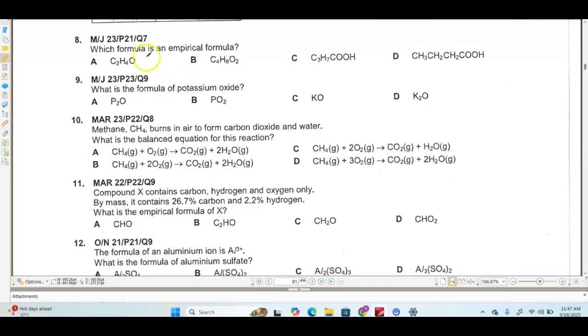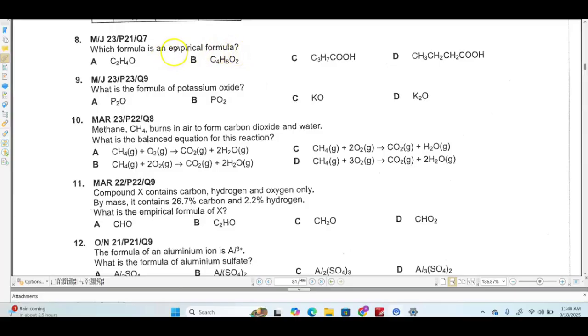Question number 8. Which formula is an empirical formula? What is an empirical formula?